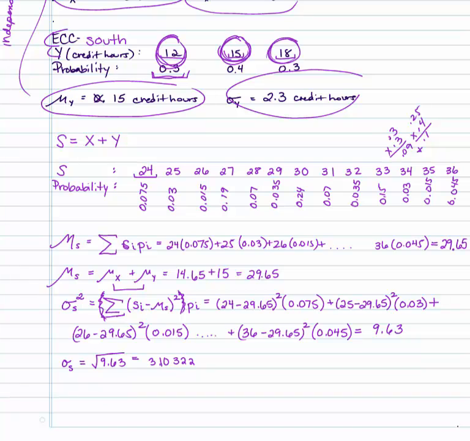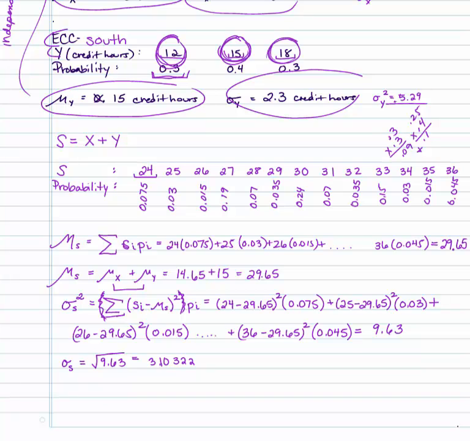But if I think about what my variance was, what's the squared value of 2.06? It is 4.2436, and my variance for Y would be 2.3 squared, 5.29.